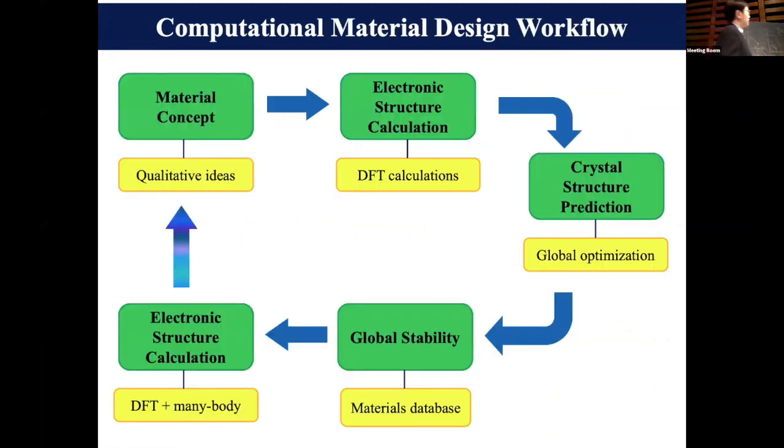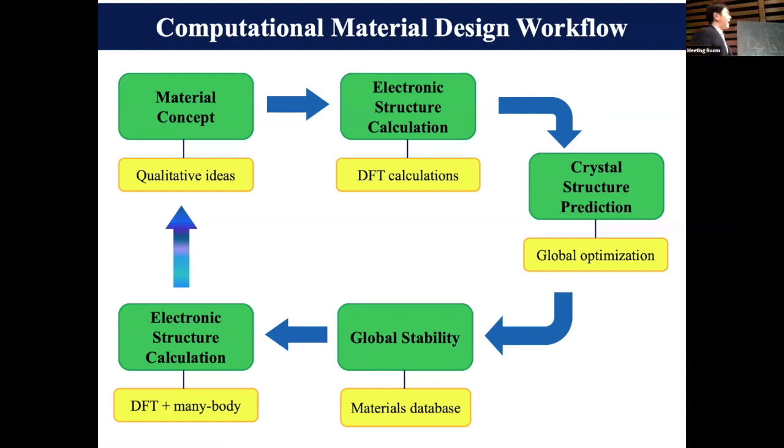Okay, this figure shows the computational material design workflow. At first, the material design starts from a qualitative idea, which includes the material concept. From our physical or chemical intuition, we propose a new interesting material expected to show good physical properties. Then the next step is the electronic structure calculation.